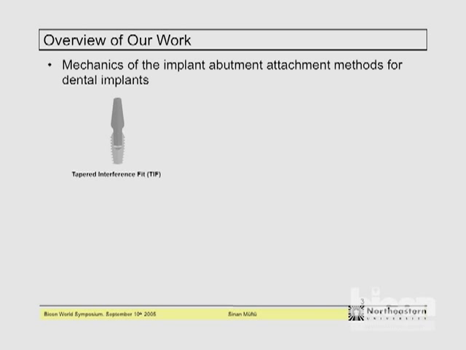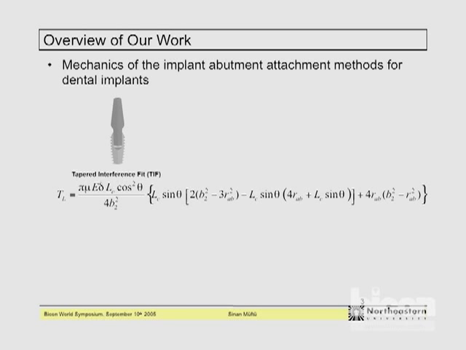So when it comes to mechanics of the abutment implant attachment methods, we looked at the tapered interference fit, or the so-called Morse taper. We developed some simple formulas to determine the various parameters. Believe it or not, these are very simple formulas compared to performing finite element analyses and trying to decipher the results of the finite element analysis.